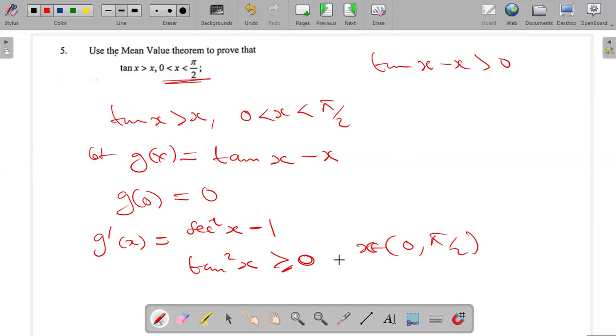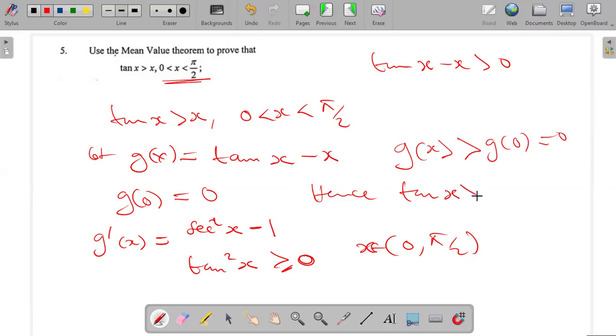So g is increasing, and as you can see, g of x is greater than g of 0, which is 0. This here is going to be greater than 0. Hence, we have that tan x is going to be greater than x.